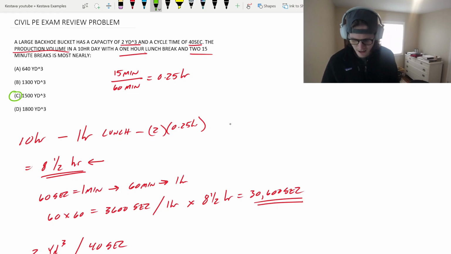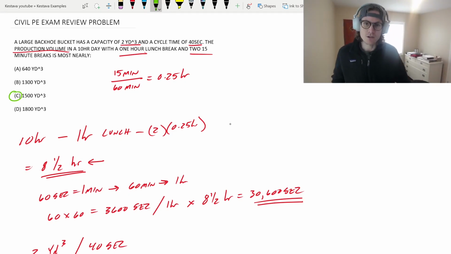Some tricks that I talk about for the PE exam: look at every solution they give you and ask, are all the answers relatively close or are they dramatically far apart? This one, I would consider them being dramatically far apart. They give you the 1,300 one, which is kind of close, and the 1,800 one, which is also kind of close. But in terms of the calculations we just did, you'd have to really go astray to mess that up.